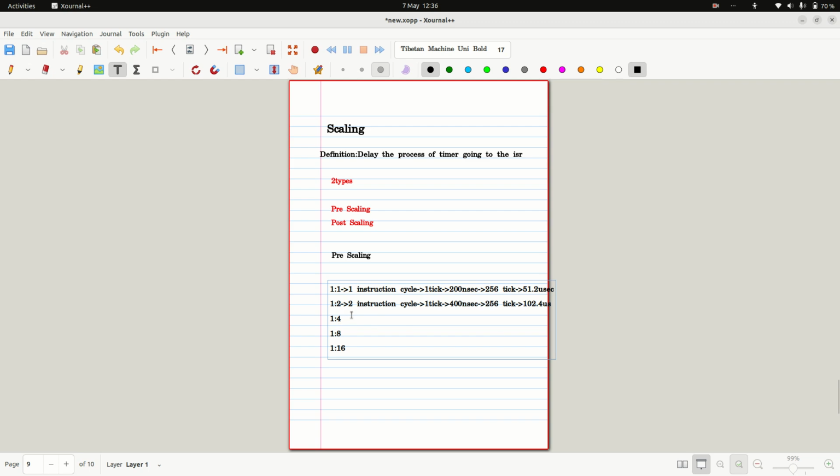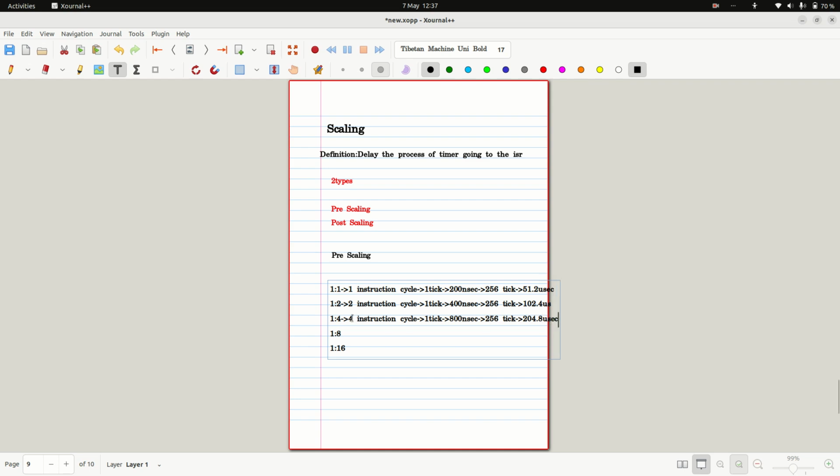So, what will happen in the case of 1:4? Here, after 4 instruction cycles, one tick happens and the tick duration is 800 nanoseconds. After 256 ticks, an interrupt is generated and the duration is 204.8 microseconds.